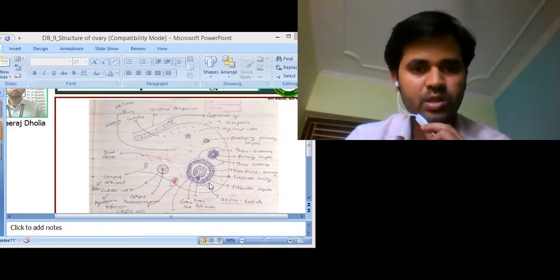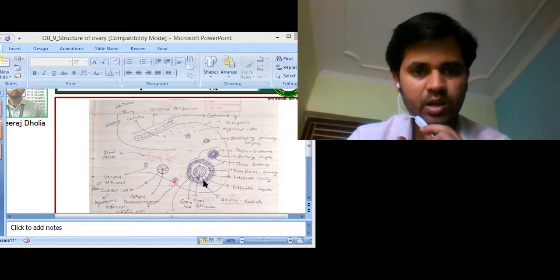You can see the innermost layer is the corona radiata, then the follicular layer, then a space. Then the outermost layer is the theca externa.